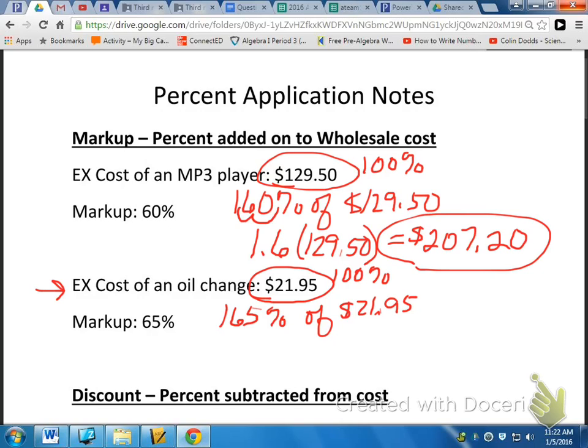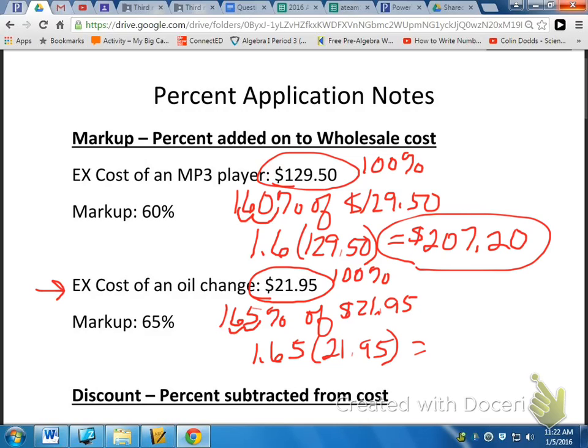Does everybody understand where I'm getting the 165%? 100% of the item plus the amount of the markup. So 165%. So I'm ready to write my problem now. I move my decimal over 2 places. 1.65, of means times $21.95.